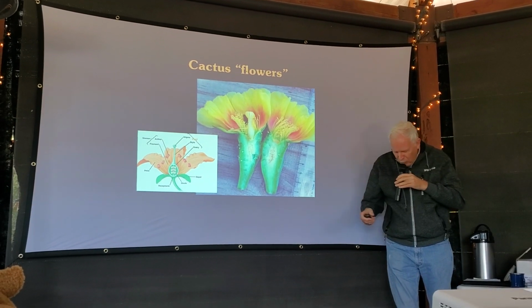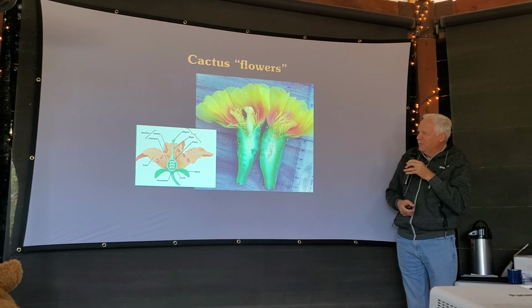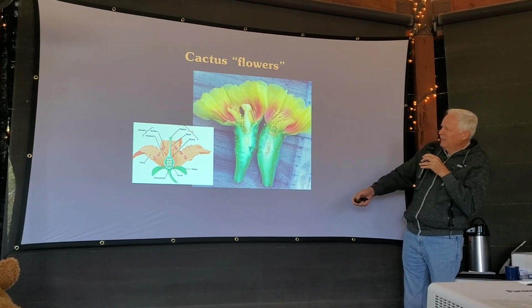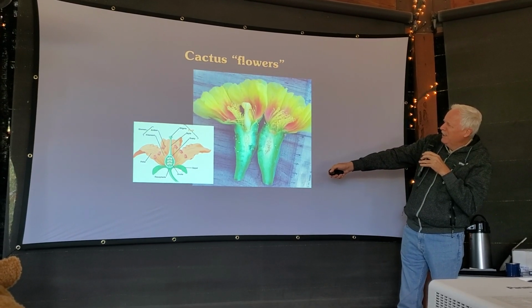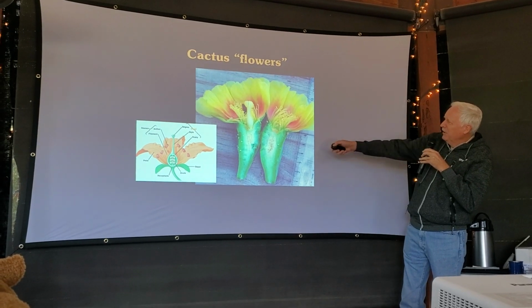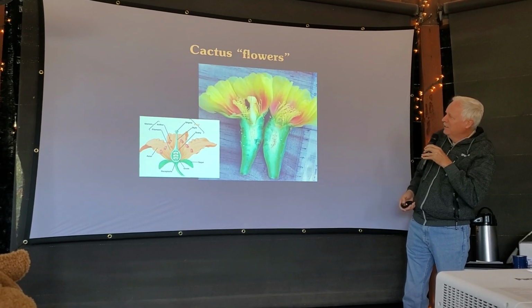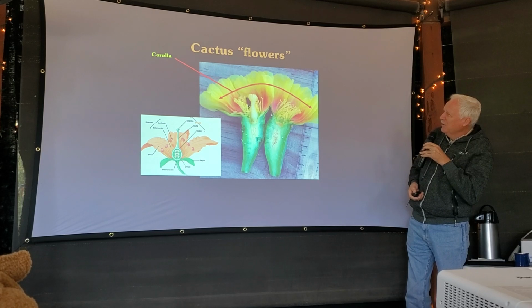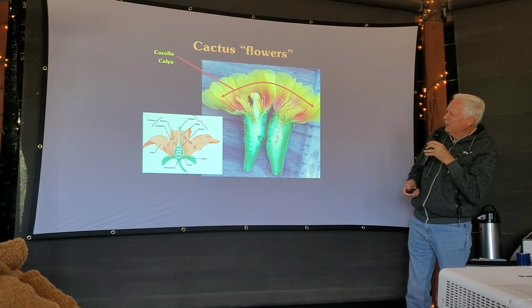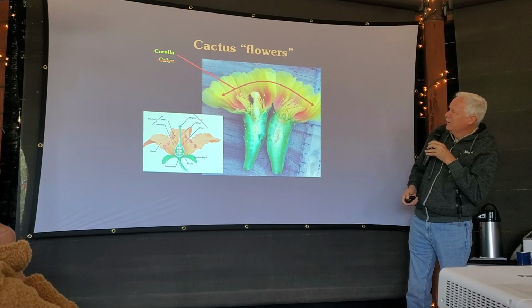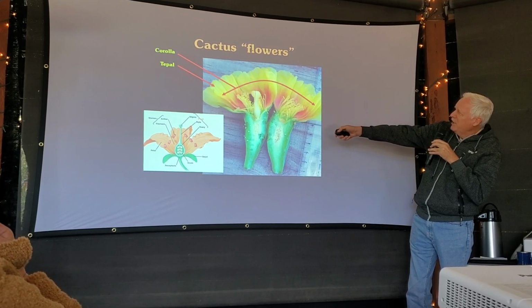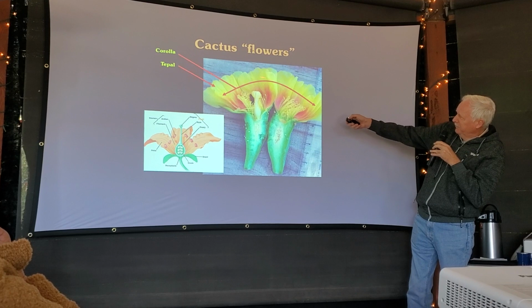Well, the cactus flowers are also something different than a regular flower. In a regular flower we have petals and sepals, but that is kind of combined in the cactus. So we have the corolla, but the calyx, like here, we don't have. So therefore they call these the tepals.